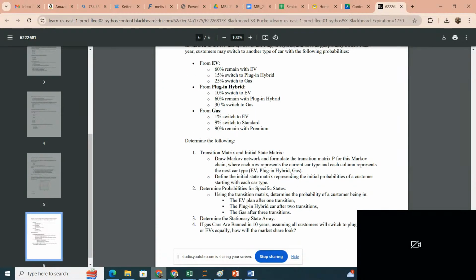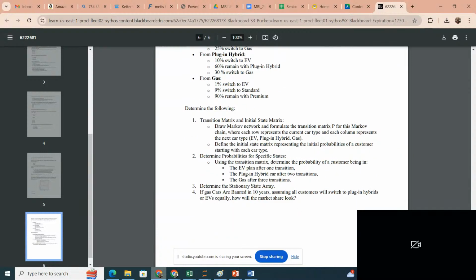Okay. Now the second one, taken in these scenarios, we want to see what is the probability that a customer will be EV after one transition, meaning after 1 year, or they're gonna be a hybrid after 2 years. Finally, we will see if they're gonna be sticking with gas after 3 years.